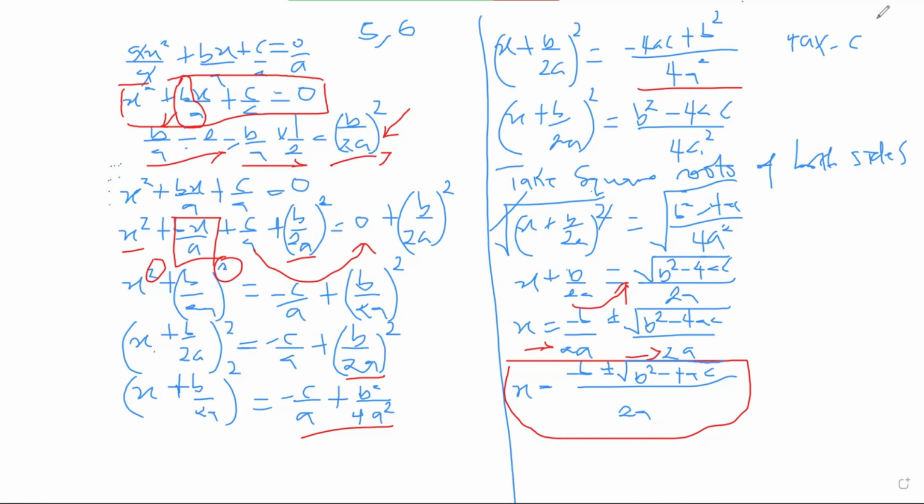Add whatever answer you get to both sides of the equation. Remove bx over a from the equation totally. And then you are to move down c over a to the right hand side.